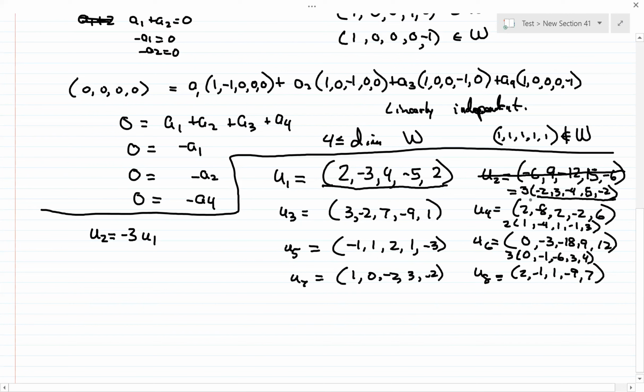Okay, so each of these 3 vectors have a simpler form. Let's look and see if that occurs elsewhere.